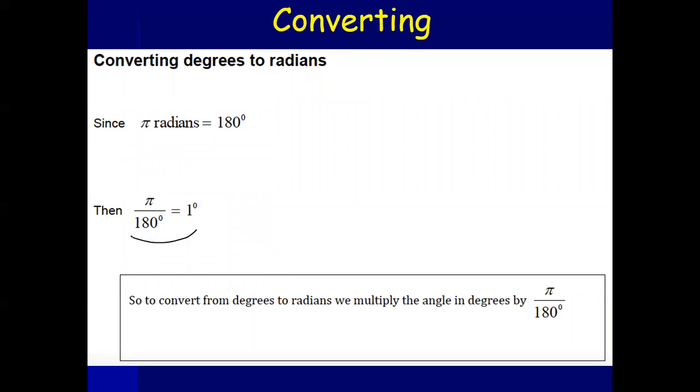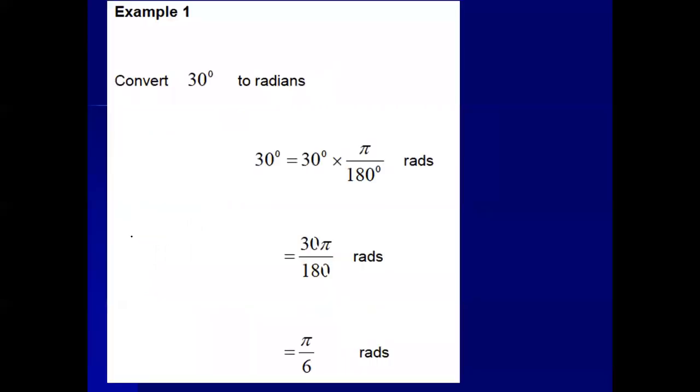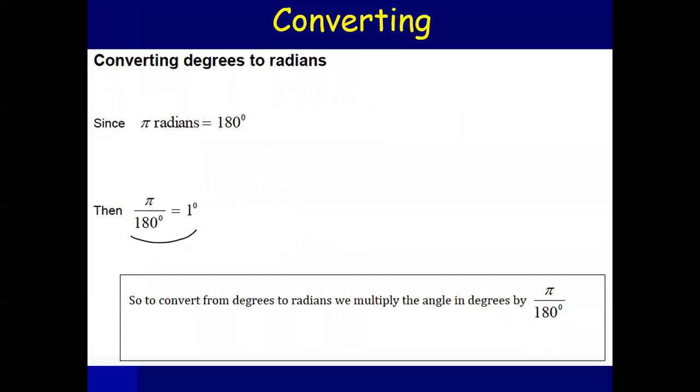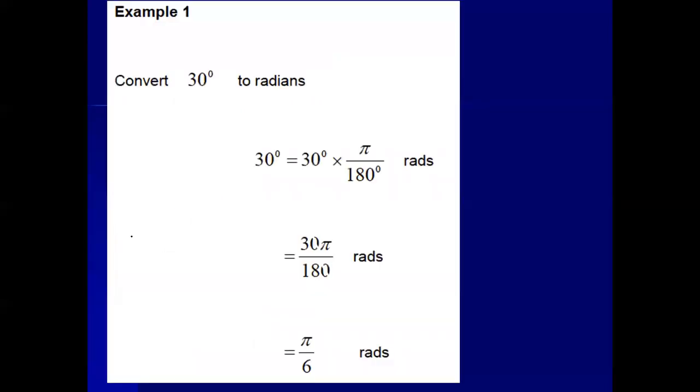So that means if I give you 60 degrees, you do 60 times pi divided by 180. If I give you 70 degrees and I ask you to put them back into radians, you do 70 times pi divided by 180. Okay. So to convert from degrees to radians, you multiply the degrees by pi over 180. Or like we said, divide by 180 times pi, same thing.